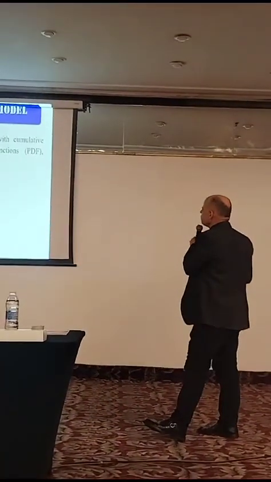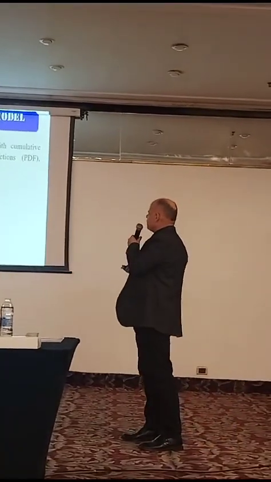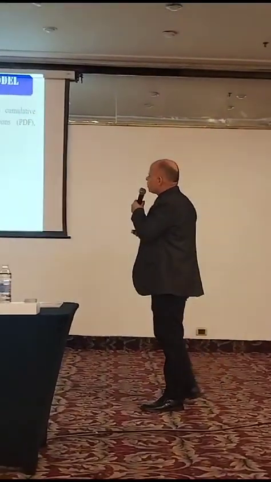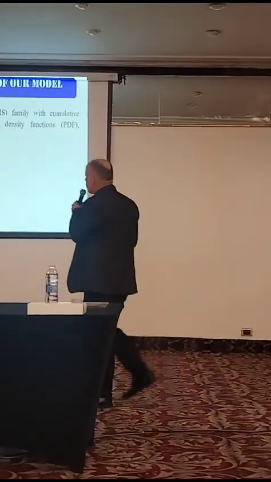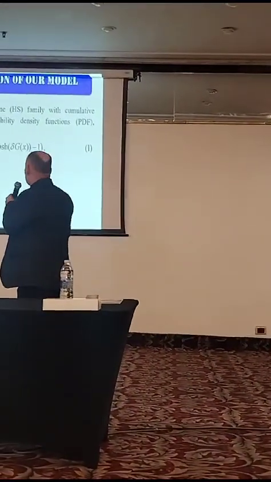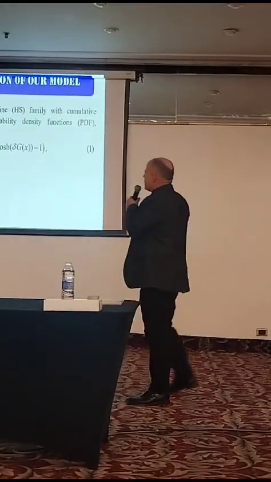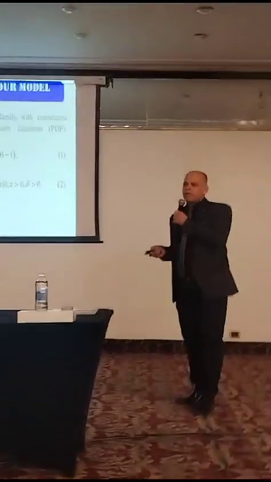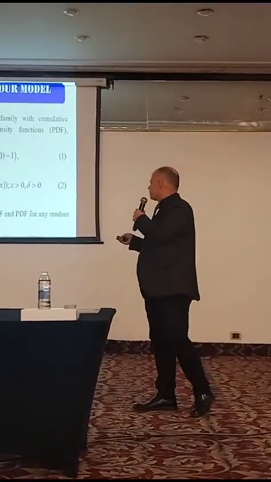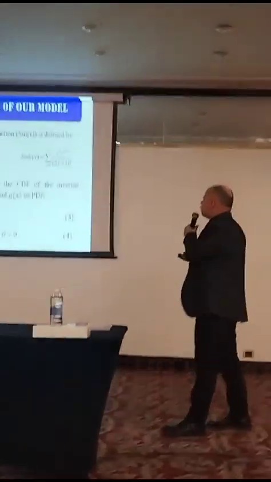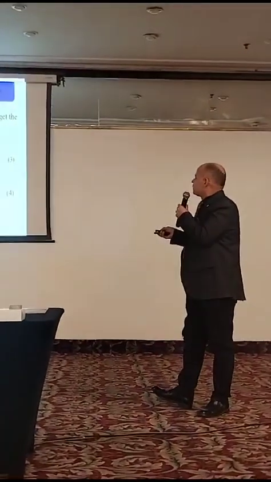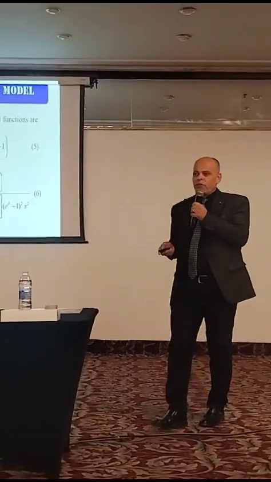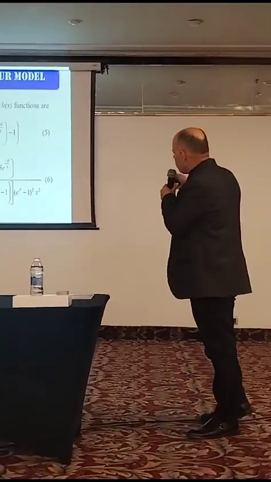Generating our model, we use the hyperbolic sine Shine family with its cumulative distribution function CDF and probability density function PDF to generate the CDF of the new probability distribution. That's in equation number 1, and the PDF in equation number 2. Also, we find the hazard rate function and the survivor function, in equations 5 and 6.